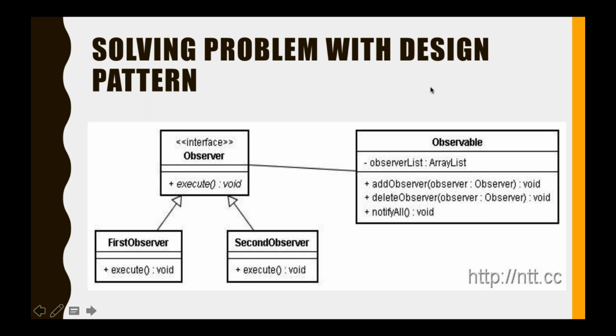Anyone can add themselves to the observer list using add observer, and anyone can delete themselves using delete observer. This is the class diagram, or low level diagram, for the observer design pattern, which you are going to see in every similar kind of problem.